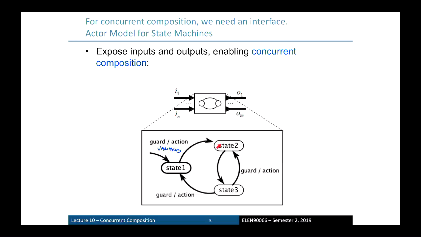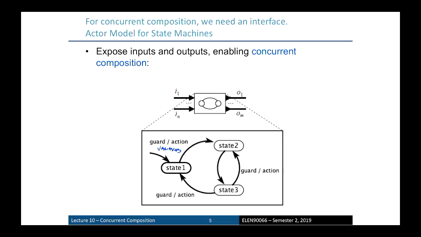But we still had this little diagram here. What we need to do is, if we're going to compose multiple things together, interconnect them, we need to expose the inputs and outputs of the state machine. So we're going to use the actor model for state machines. An actor model, remember, has inputs, outputs, and it has some function that maps between inputs and outputs.